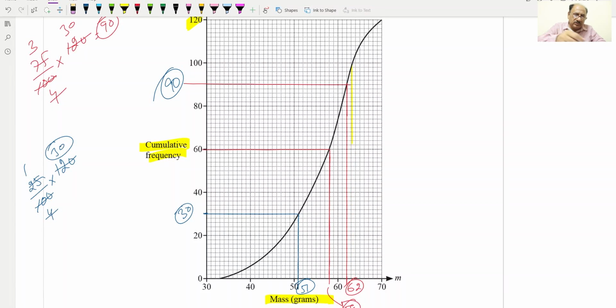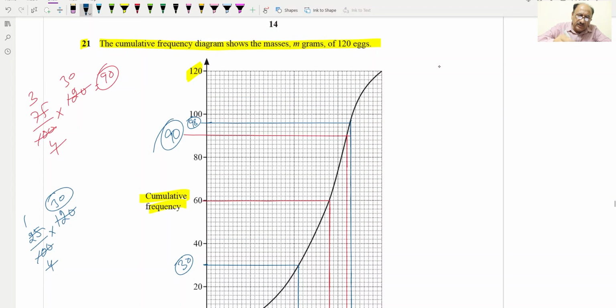So I'll change the color so that we can figure out properly. 63 reference line is this one, and from here if we check 63 reference line is this one, which is basically 98. So this position is 98.